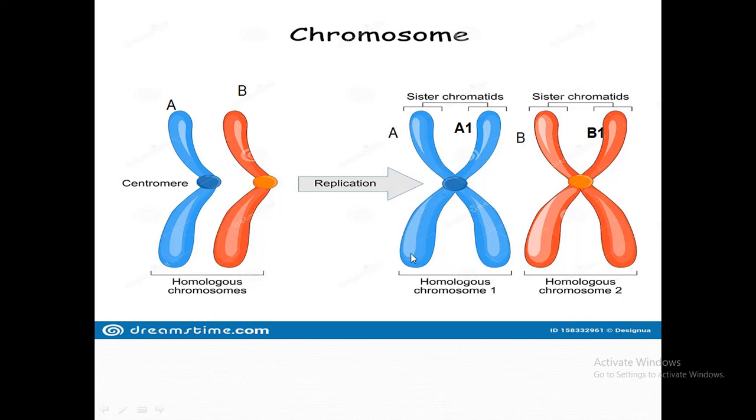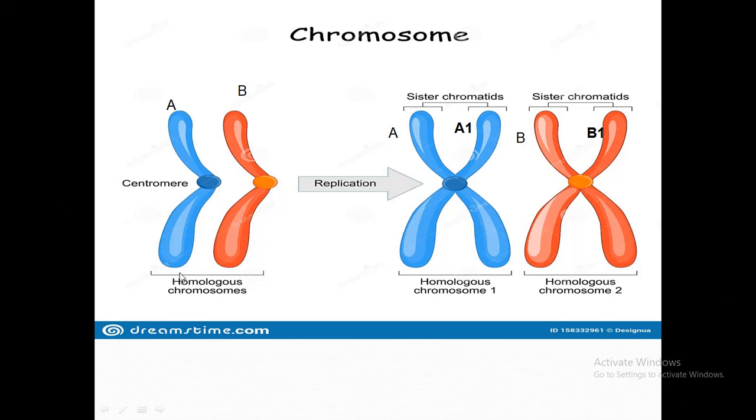So one chromatid contains the original DNA, and the other one contains the Xerox copy of this original DNA. So A and A1 are the same, and they will be separated during anaphase, so that each pole receives only one of the sister chromatids, either this or this.